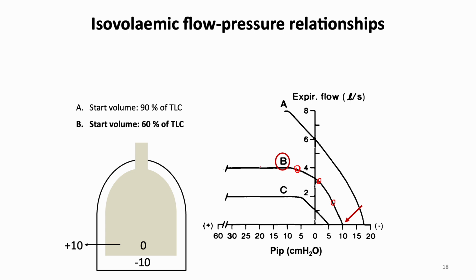This flow is achieved, and so on for a series of forced expirations. And what you can see here is that initially the maximal flow increases with increasing effort, with increasing pleural pressure. But at some point it reaches a plateau. So even though the person blows harder, this does not result in a higher flow.